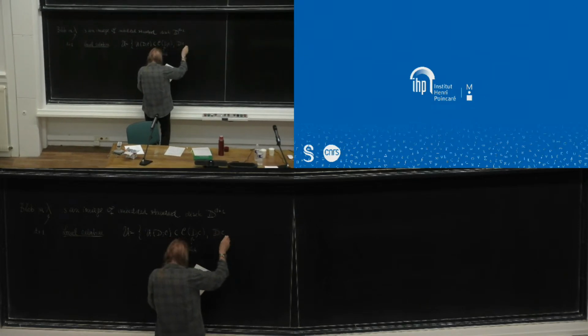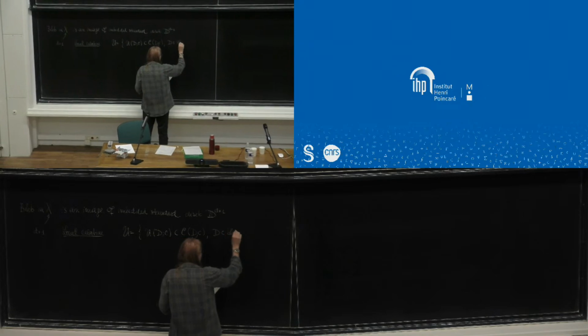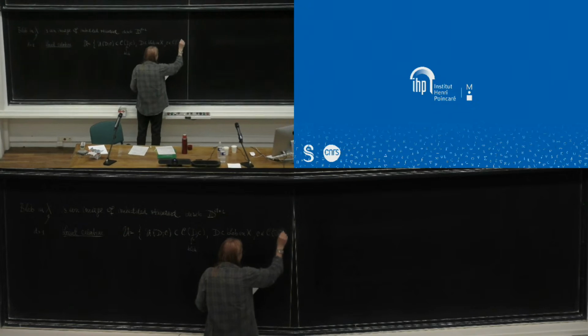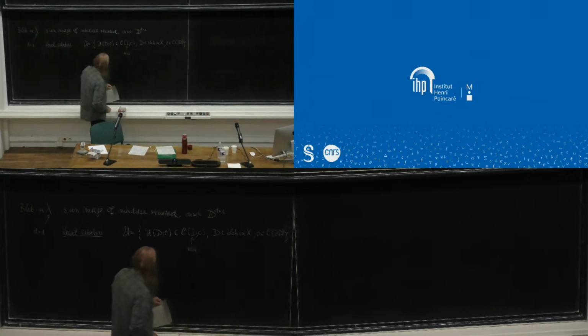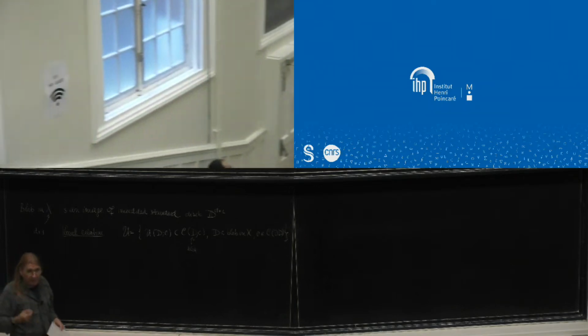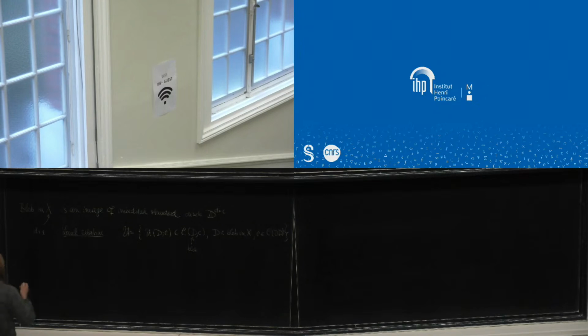Such that, all right, I already wrote it, D is a blob in X, and C is a field on the boundary. So a system of local relations is such a family indexed by blobs in X, which is an ideal, in a very interesting sense.